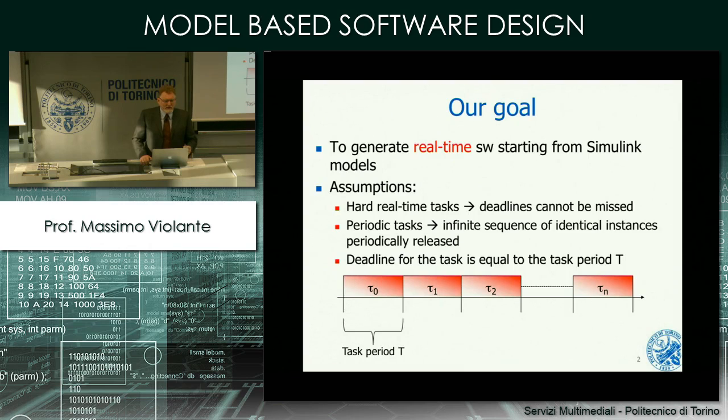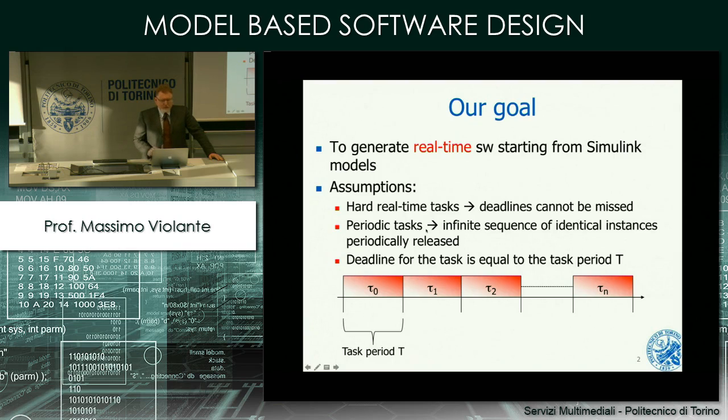This means that the deadline cannot be missed. Our task cannot take endless time in doing the computation. The task must produce the output within a fixed and known amount of time, and this is the deadline.